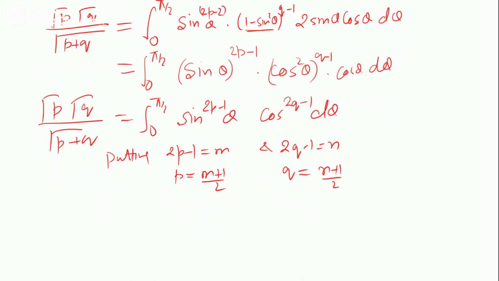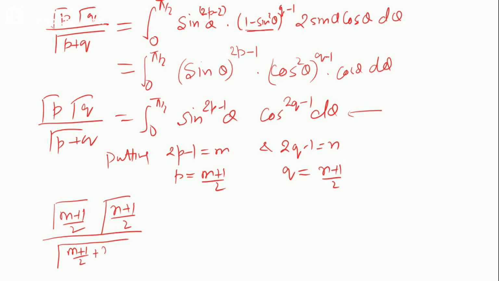Now when we put p and q here, we get gamma m plus 1 by 2 gamma n plus 1 by 2 upon gamma m plus 1 by 2 plus n plus 1 by 2 is equal to, sorry, there's a mistake, that 2 we write outside.